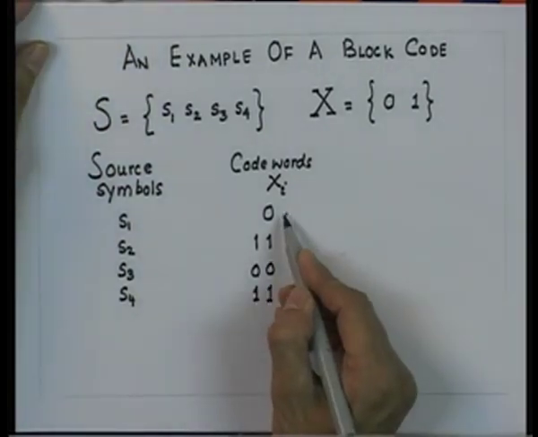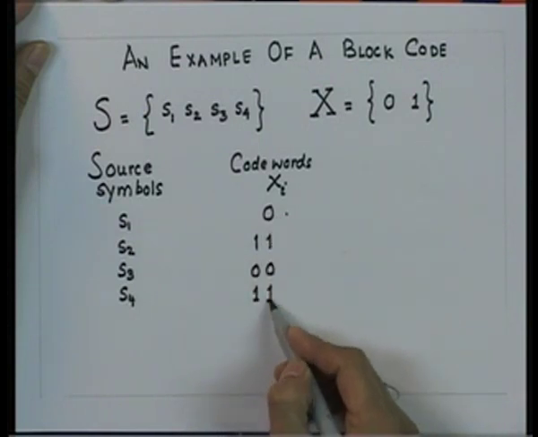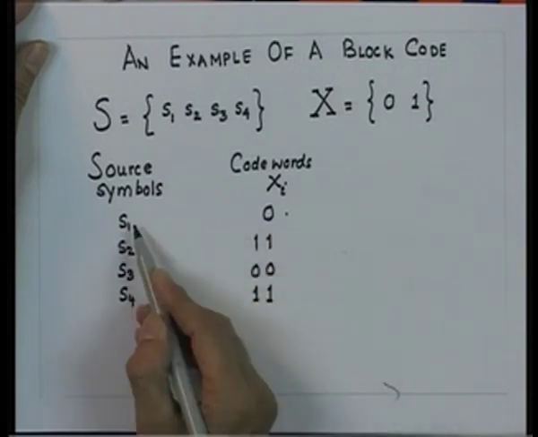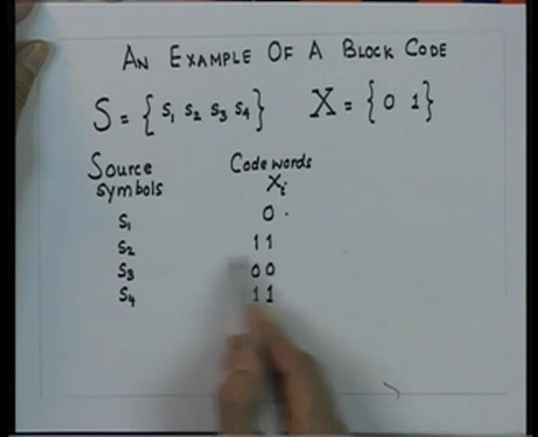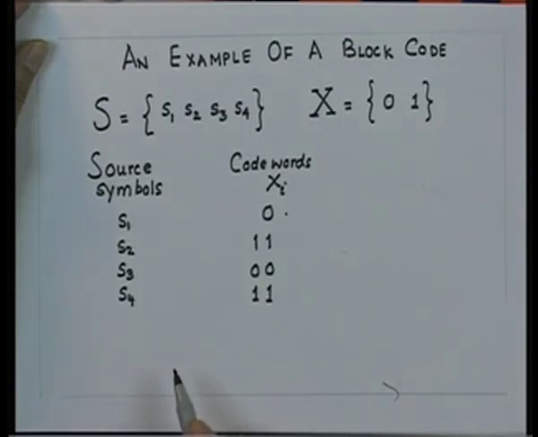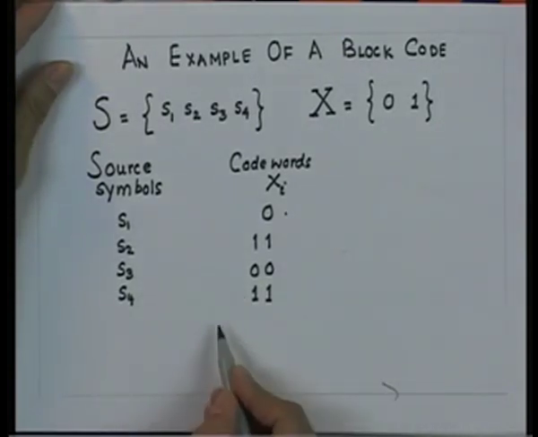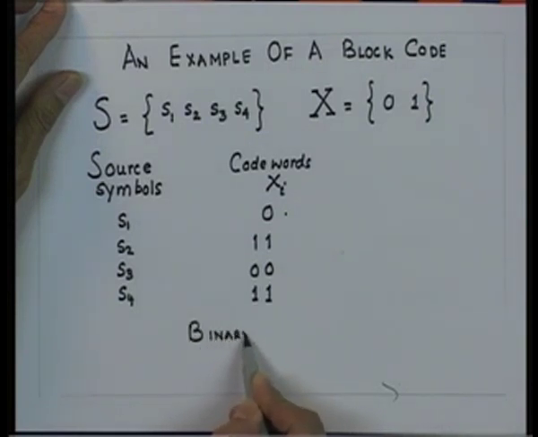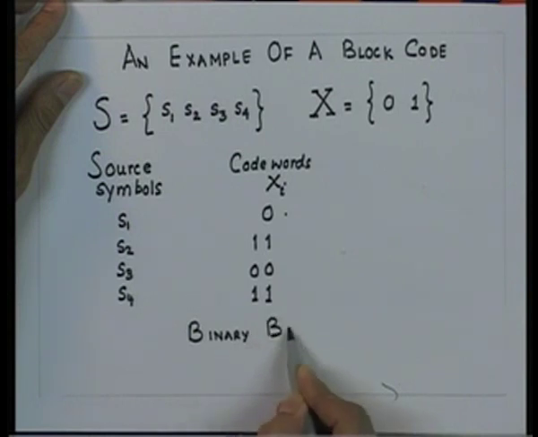So, these are the code words corresponding to the source symbols. This is the code word for the source symbol S1, this is the code word for S2, and similarly this is the code word for the source symbol S4. This would be an example of a binary block code.